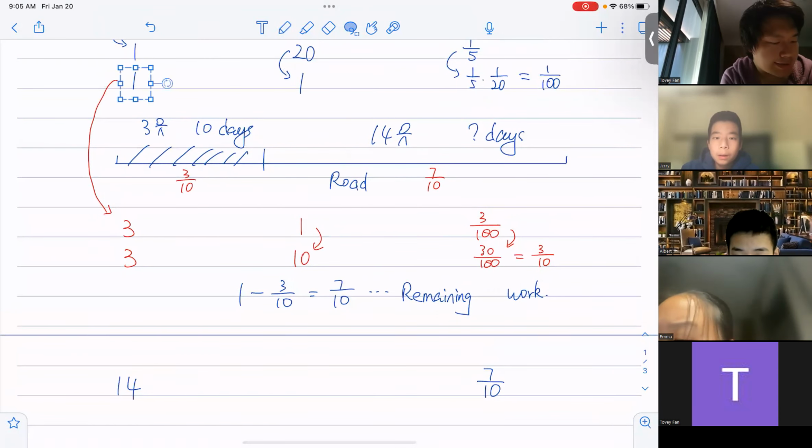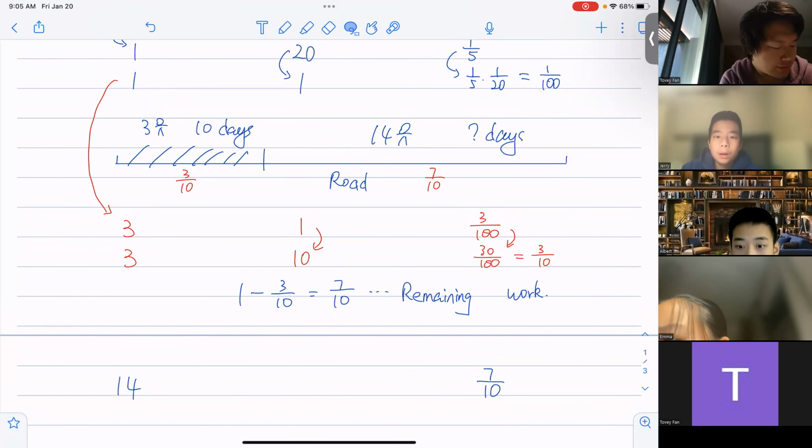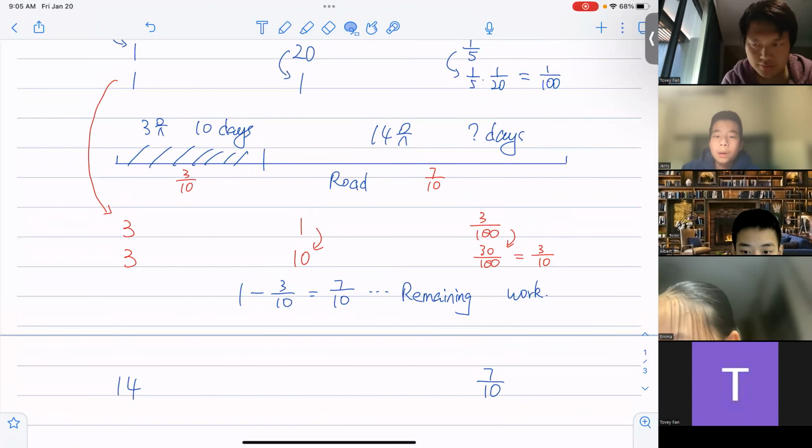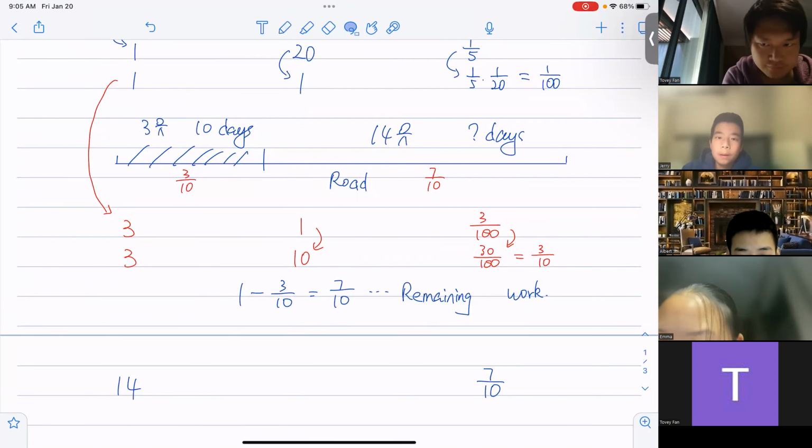So one person can do 1 out of 100. Then 14 people take how many days to finish 7 out of 10 work? How do we do this?